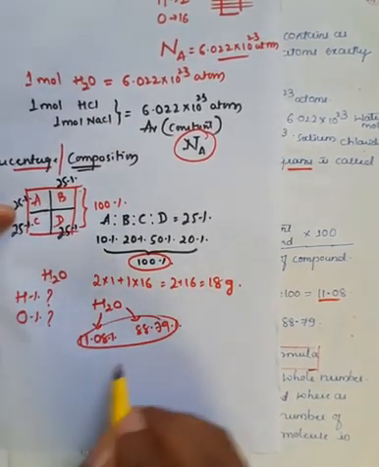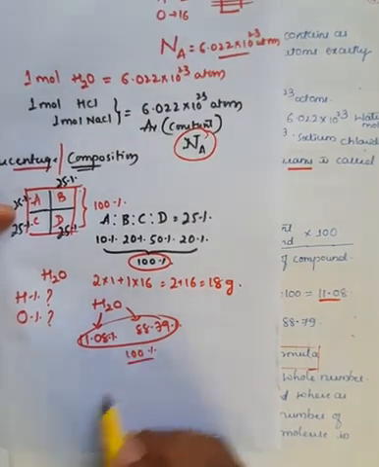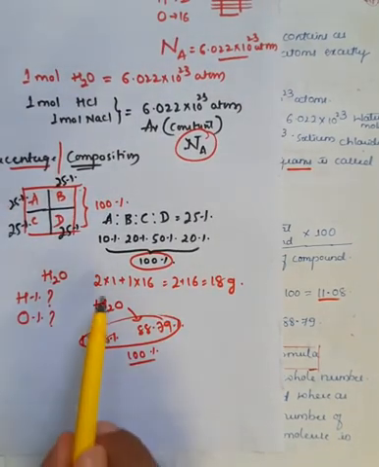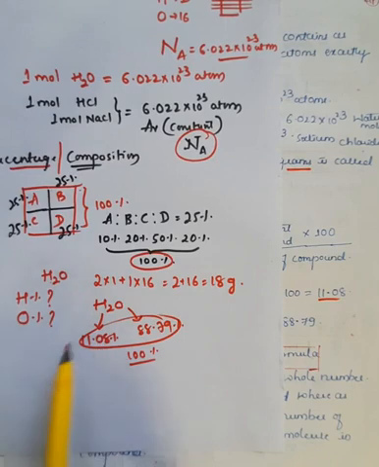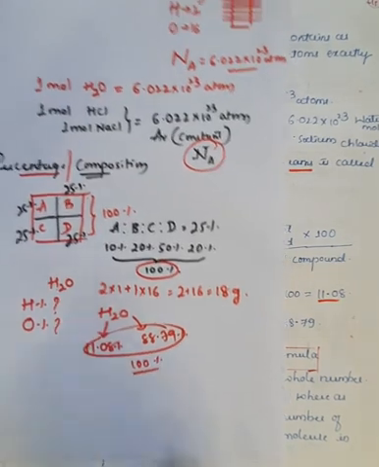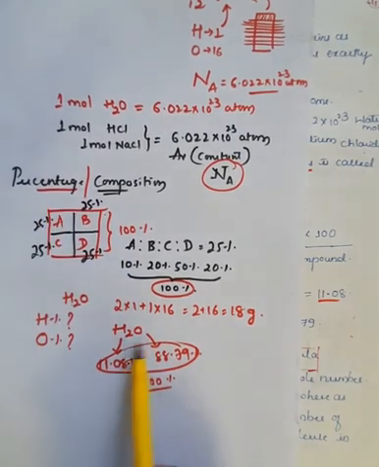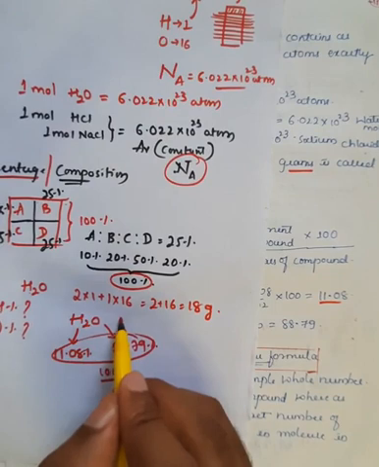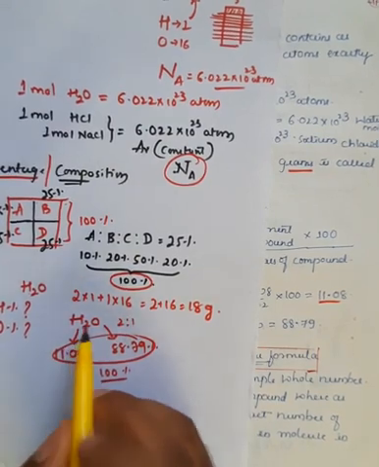If you add both, it will be almost equal to 100%. Therefore, in a molecule or a substance or a compound, the overall weight is 100%, and we can calculate the individual percentages in the same manner. Here the atoms are in the ratio of 2:1, because hydrogen is 2 and oxygen is 1.